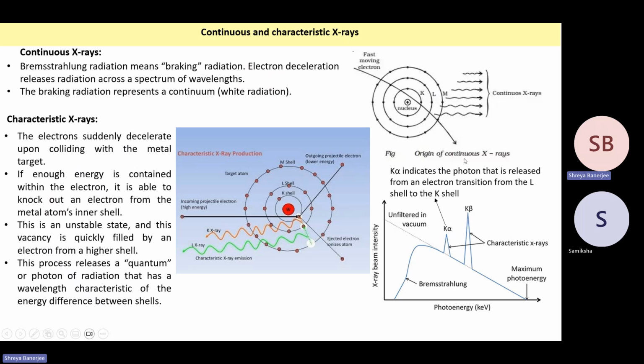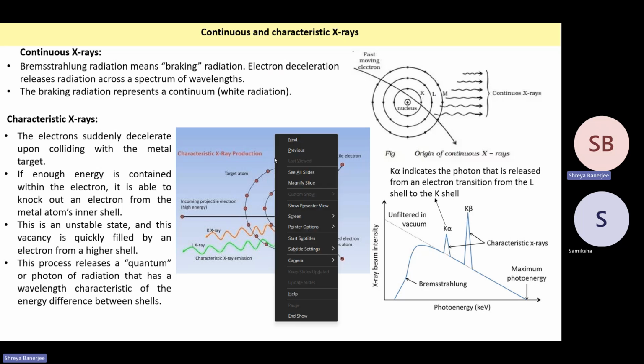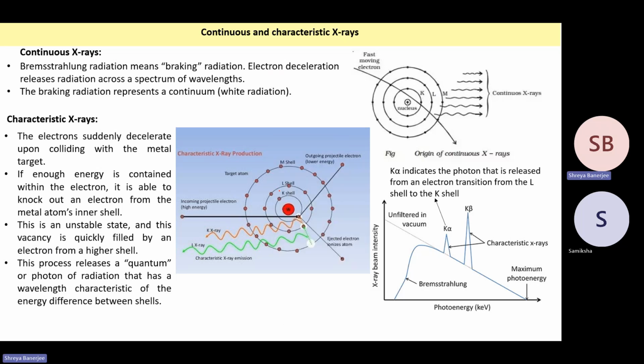Yeah, so K alpha indicates the photon released from electron transition from L to K shell. So L to K is K alpha. M to K is K beta. Okay, got it.